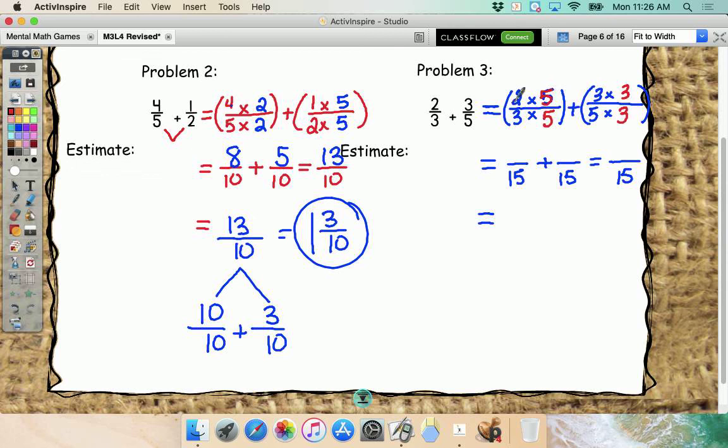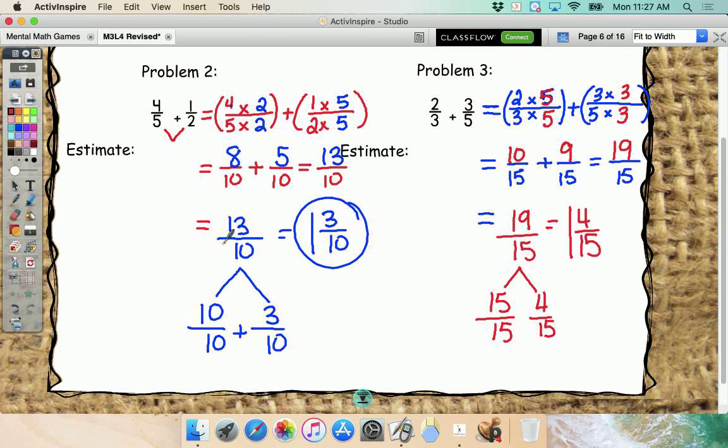Okay. 2 times 5 equals, and 3 times 3, 9. And so that gives me 19/15. So if I take out 1 whole, what's 19 minus 15? 4. So my answer is 1 and 4/15.